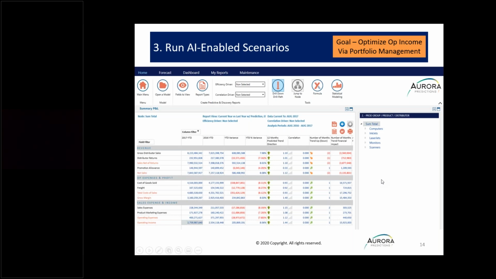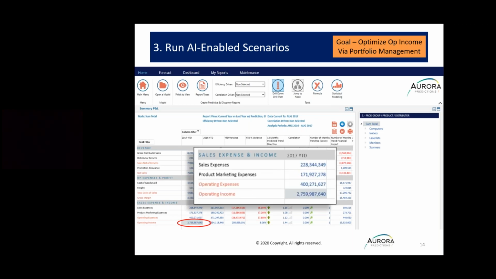So the idea is that Aurora Lights behaves very much like Excel, and it has an intuitive interface and behaves kind of like a super pivot table. So the first thing we want to do is focus down here on operating income. And let's blow this up.